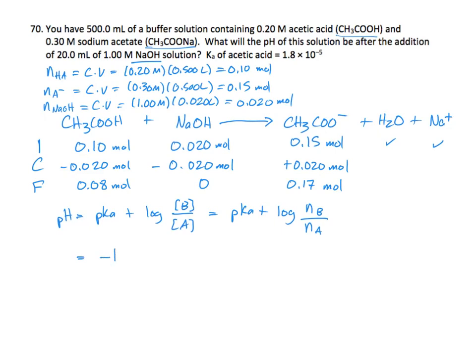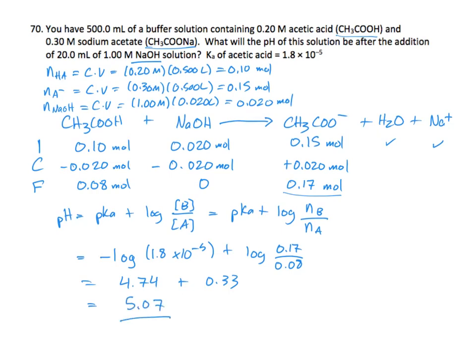So that equals the pKa, which is the minus log of Ka, which is given in the question as 1.8 times 10 to the minus 5, plus log moles of base, which after the neutralization reaction is done, 0.17, over the acid after the reaction's done, 0.08. And if we calculate that, we get 4.74 plus 0.33 is 5.07 for our pH of the solution.